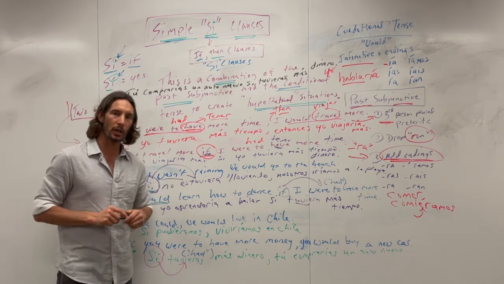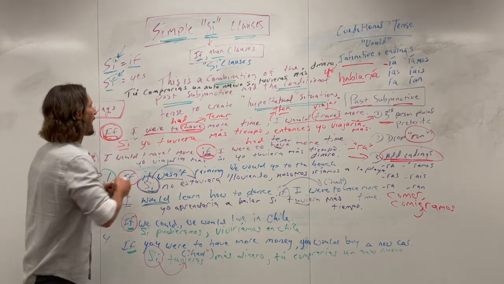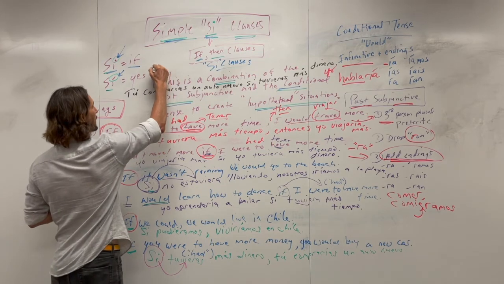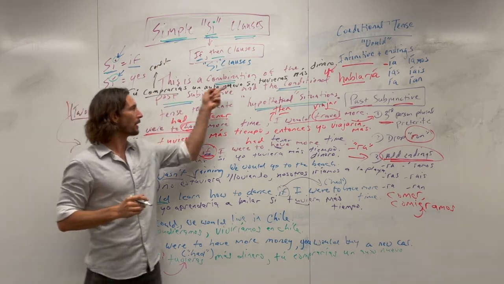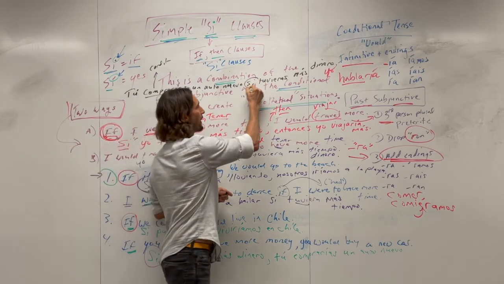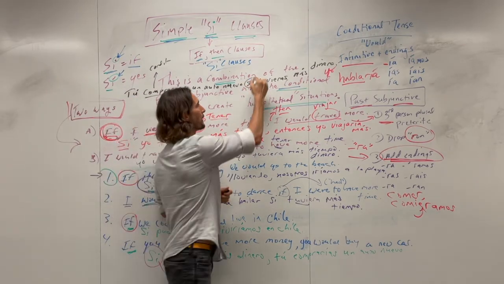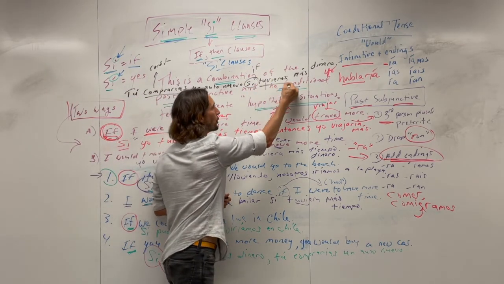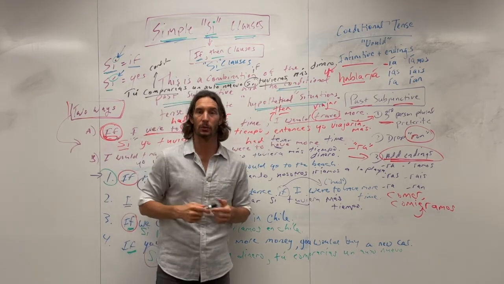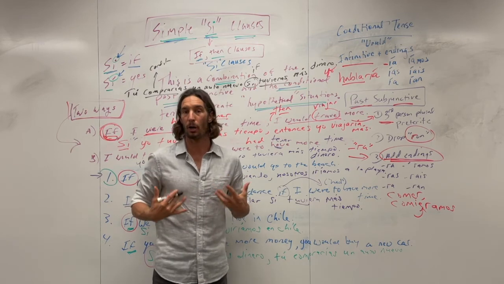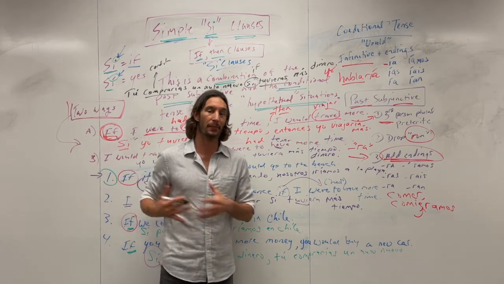But notice your structure is still there, right? We have the conditional tense, right? Saying you would buy a new car. And then we have if, right? That's si, if you were to have more money, right? Just notice that these are the two ways we can do what we call si clauses or if-then clauses.